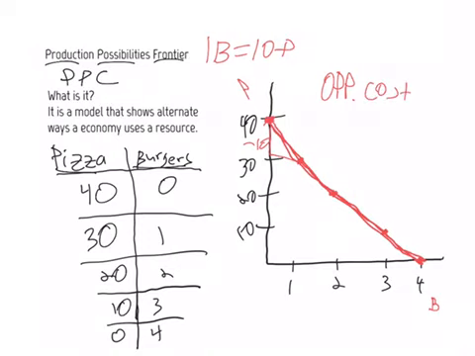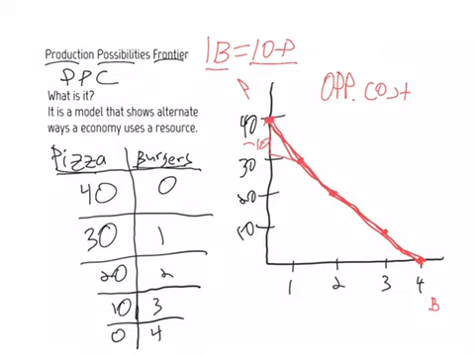The opportunity cost is the number one thing you have to give up in order to gain something else. So you need to give up 10 pizzas to get one burger. In this scenario, the opportunity cost is constant, since each time you want a burger, you give up 10 pizzas.